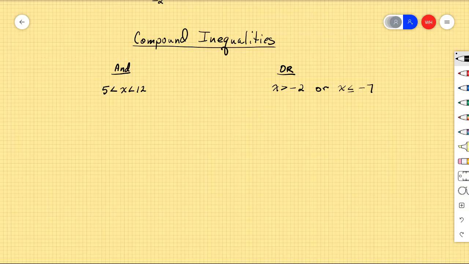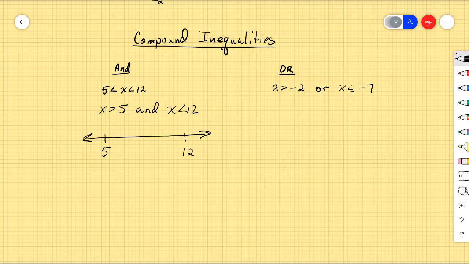Looking at this one here, this is the same thing as x is greater than 5 and x is less than 12. And by that statement you can tell that x lives somewhere between these two numbers. So I'm going to go ahead and throw them up here on the graph.